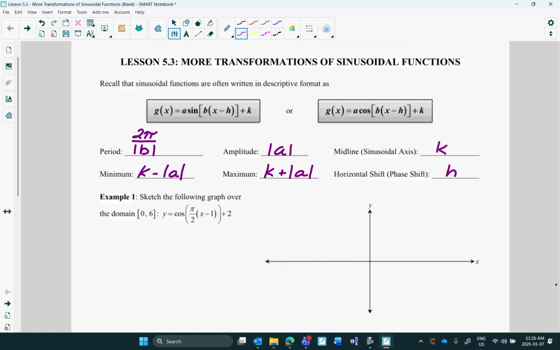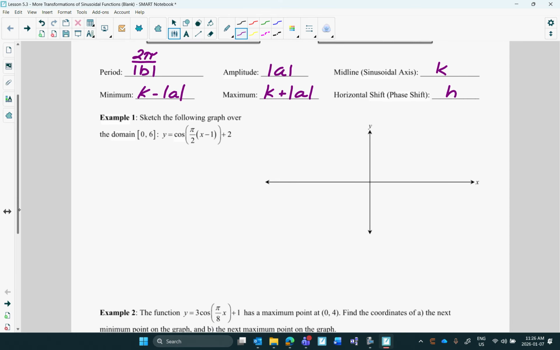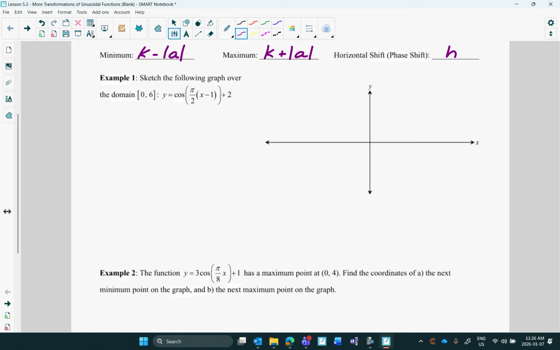So we're gonna graph one more, but this one you have to be a little careful with, because you're not just asked to sketch the graph, you're asked to sketch the graph between 0 and 6 on the x-axis. When it says the domain of 0 to 6, that means we're only graphing a portion of it.